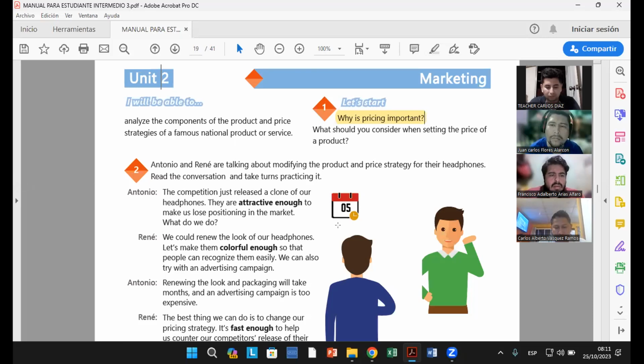Because there are a lot of competitors. That's why the company needs to analyze what the price is for other companies.